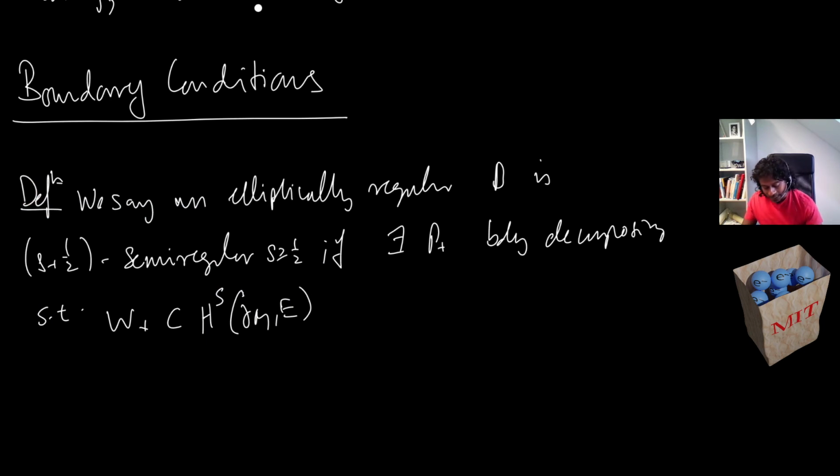I mean, we always have that an elliptic boundary condition is one regular because we have always, with respect to a boundary decomposing projector, that W plus is in H half. So this is only relevant for S greater than that. And G of V minus of S maps us into G of V plus of S.